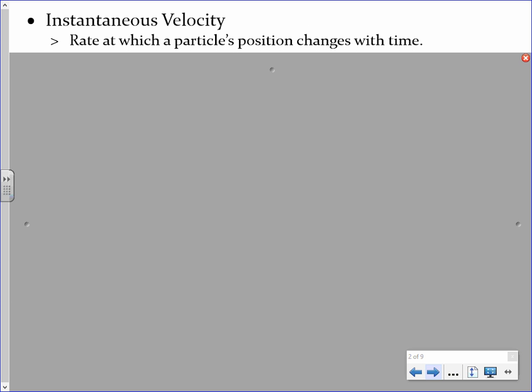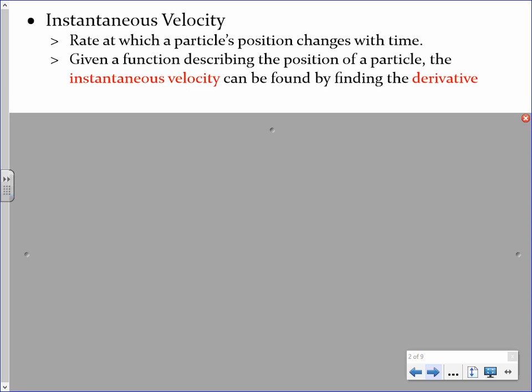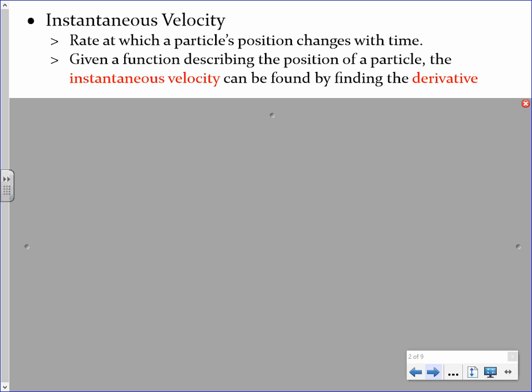Instantaneous velocity is a rate. It is a rate of the particle's position as it changes with time. So what you figured out in your homework is that the instantaneous velocity is just the derivative of position.